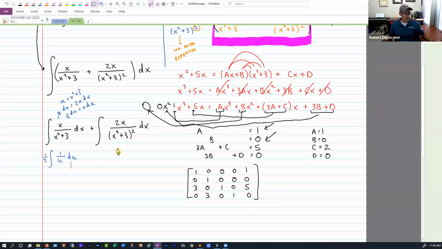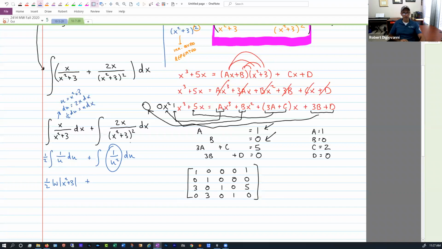Hey, you know what? Can we use the same u substitution over here? We can. If we let u be x squared plus 3, du is 2x dx. I have it exactly up top. So that integral just turns into 1 over u squared du with the same substitution. And so the answer here is 1/2 natural log of u, but u was x squared plus 3, plus, now this one, be careful because the antiderivative of 1 over u squared is not natural log, right?